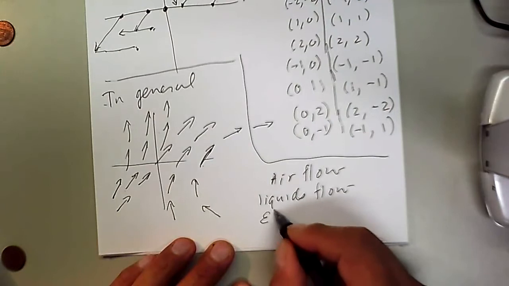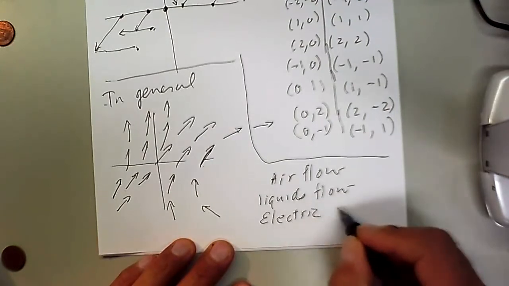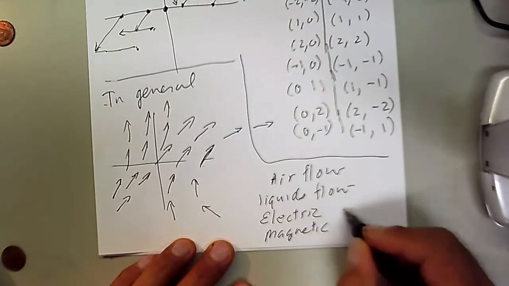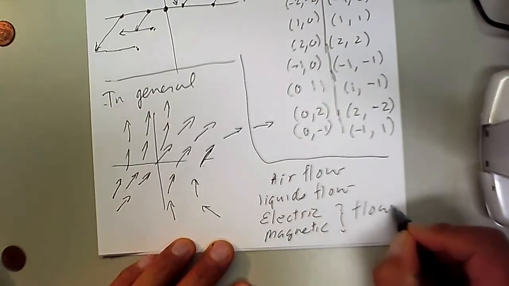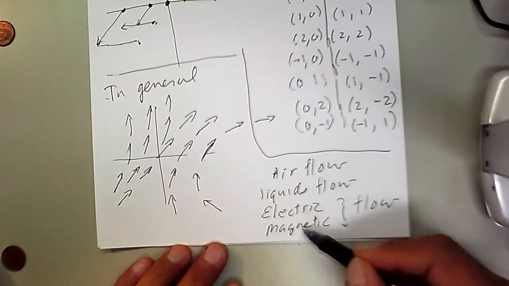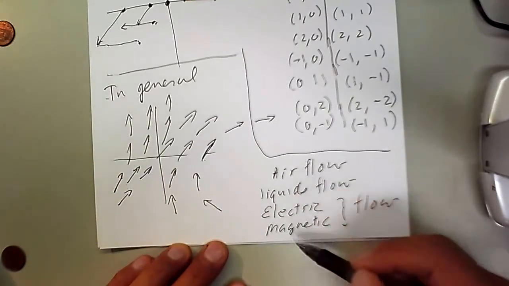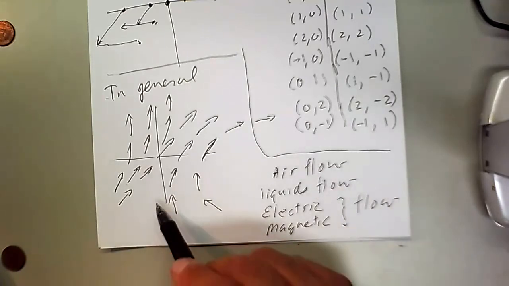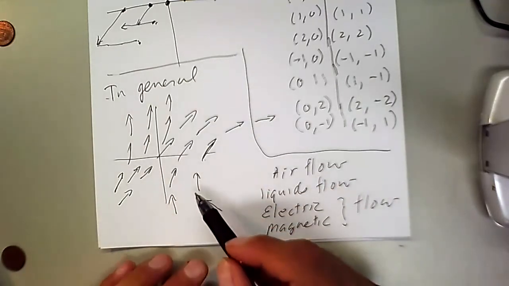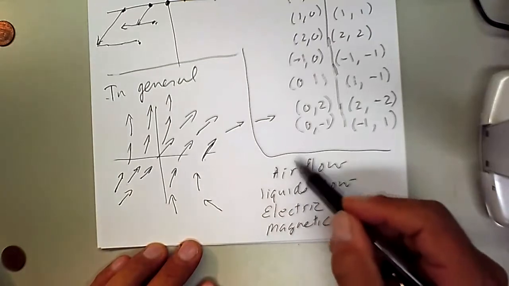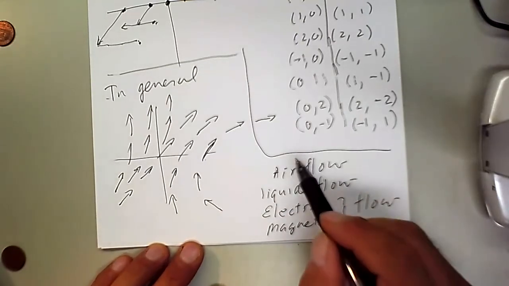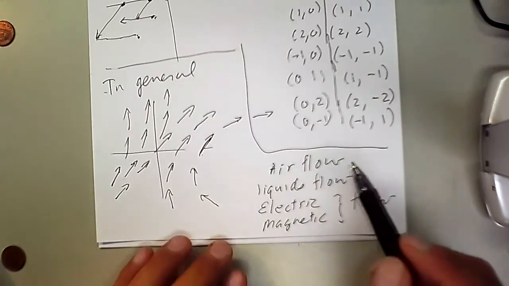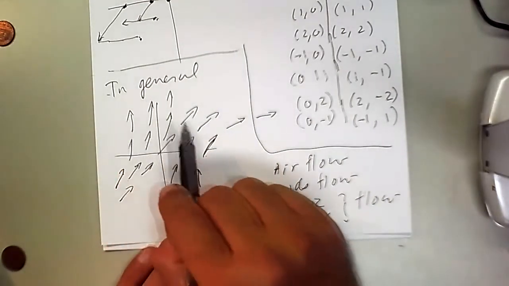I guess electric or magnetic flow, all kinds of flows. Although this is beginning to get into, actually all of them outside my expertise. I do know enough calculus, but I do not know about the physics itself of how things behave with flows.